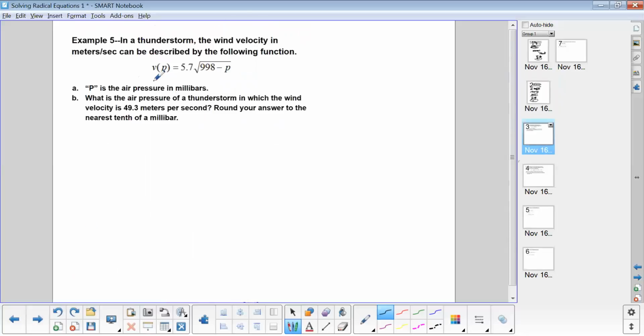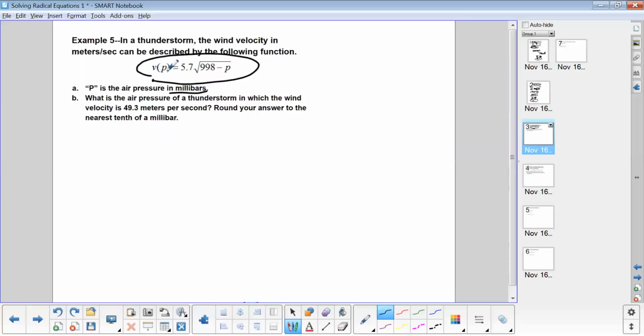This is another formula that models wind velocity in a thunderstorm, and P representing air pressure in a unit that we call millibars, commonly used with meteorologists, and those units very specific to wind and in that field of meteorology.